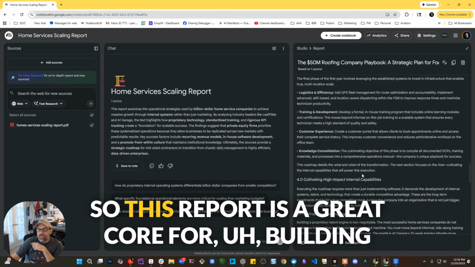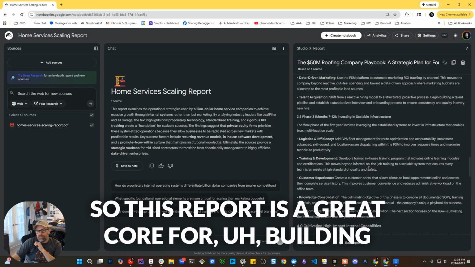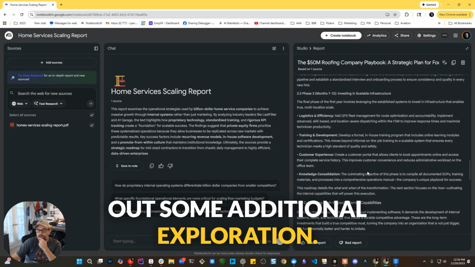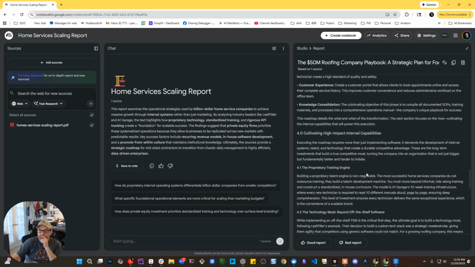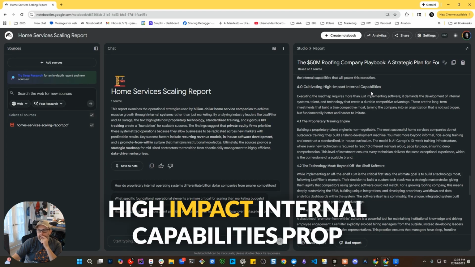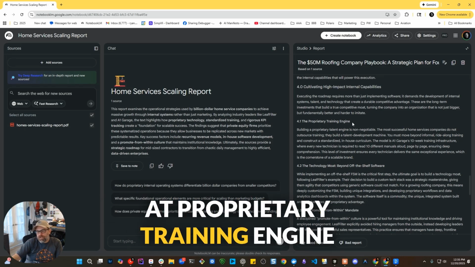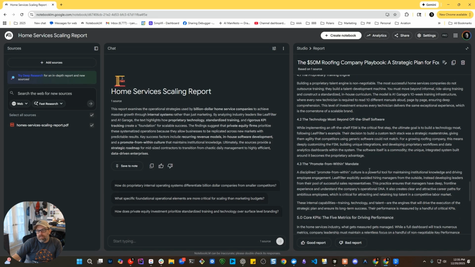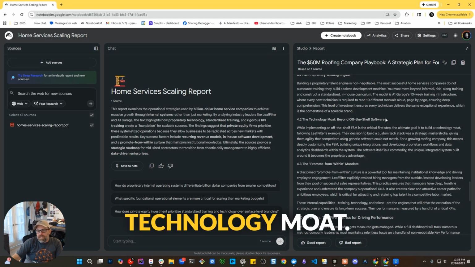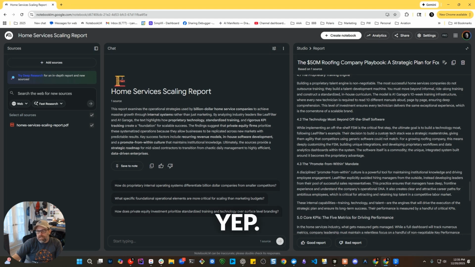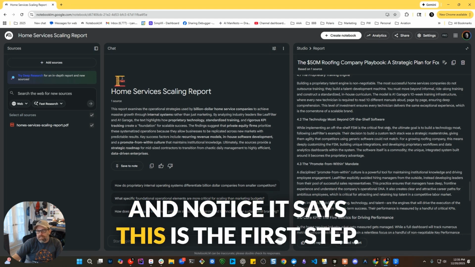So this report is a great core for building out some additional exploration. High impact internal capabilities. Proprietary training engine, technology moat. Yep. And notice it says this is the first step.